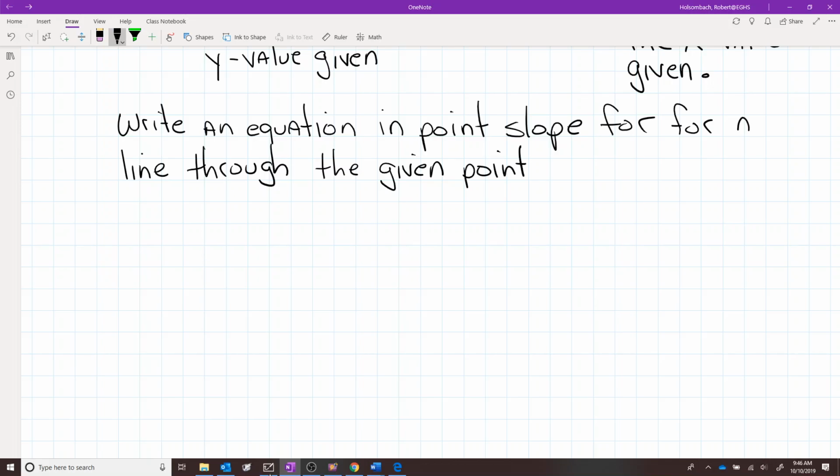Boy, it's a bad morning. Write an equation in point-slope form for a line through the given point with the given slope.